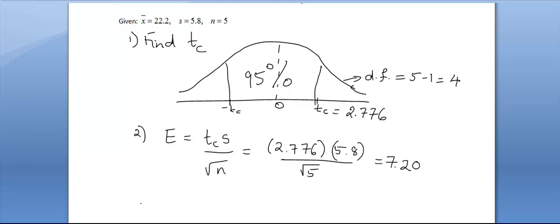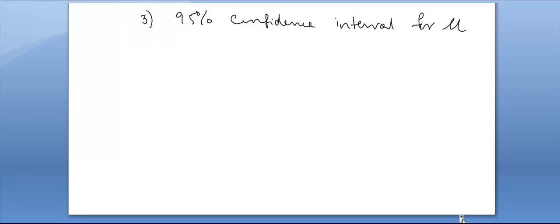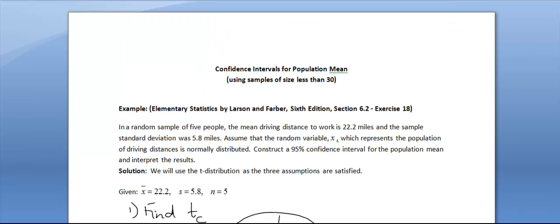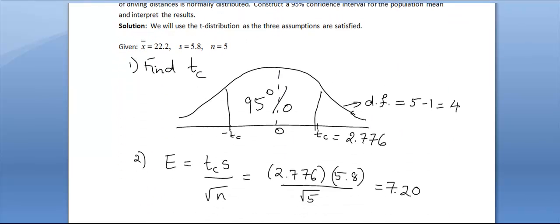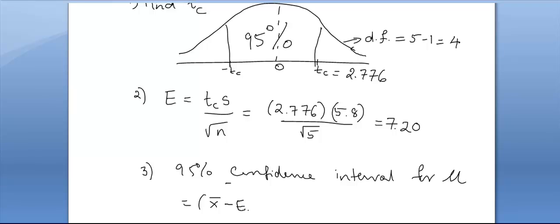The last step is to compute the 95% confidence interval. The 95% confidence interval for mu, the population mean, is given by the formula x bar minus e to x bar plus e.